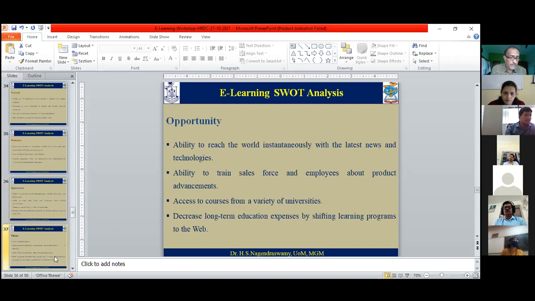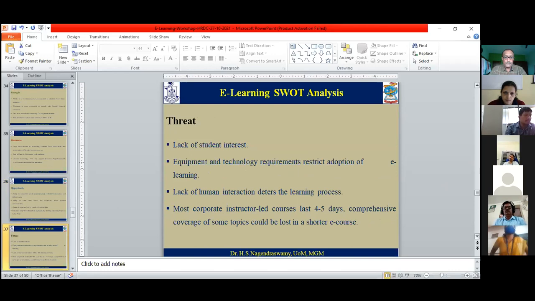Now let's look at some points on threat. Lack of student interest. There is again an ambiguity on this particular point. Sometimes we say that there is an interest. We can motivate the students and create interest in them through online e-learning, etc. But at the same time, we say that there is a lack of student interest.